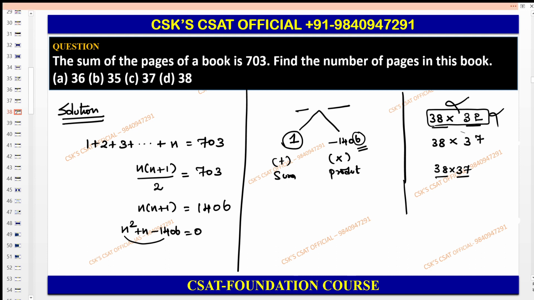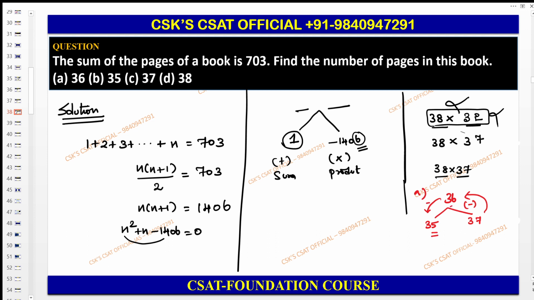Now listen, suppose I am taking the options. I'm taking option A, 36. Now the sum should be 1. Then what are the possibilities? 35 is possible, 37 is possible, since if you subtract 37 minus 36, you will get a 1. Now listen carefully.